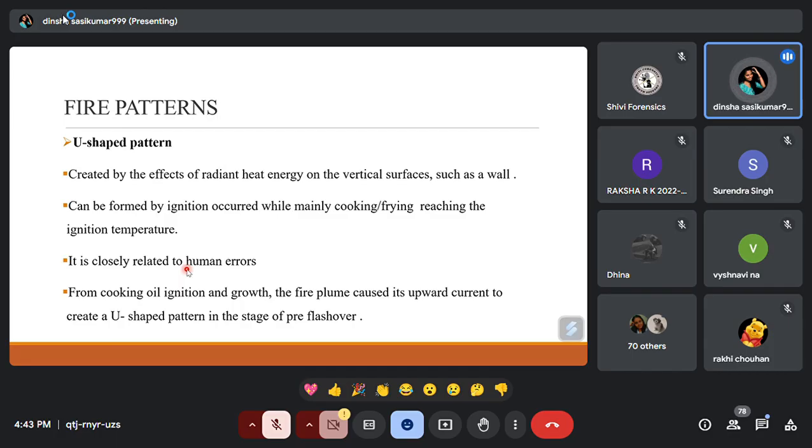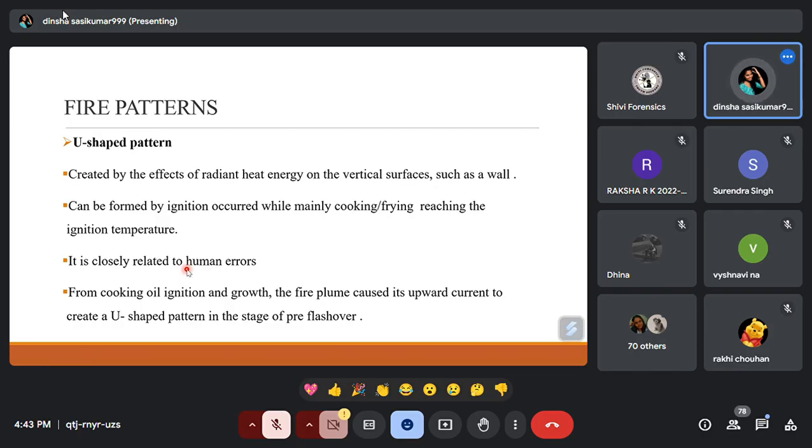They are mainly formed by ignition occurring while cooking or frying, reaching the ignition temperature, and it is closely related to human errors. From cooking oil ignition and growth, the fire plume caused its upward current to create a U-shaped pattern in the stage of pre-flashover.